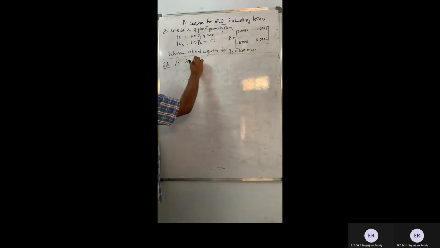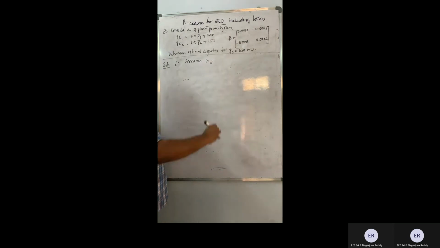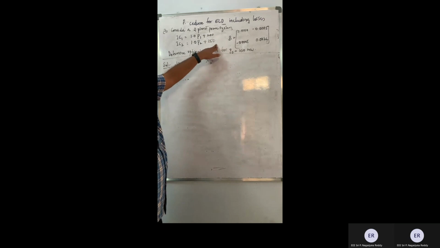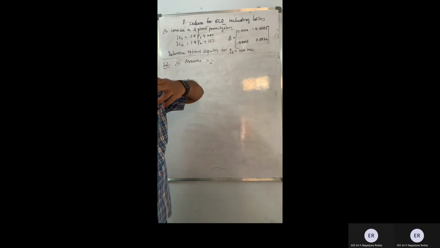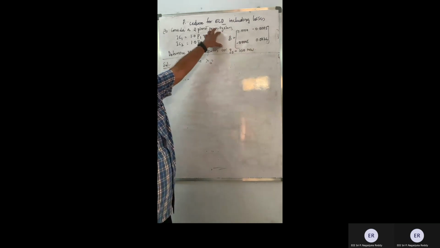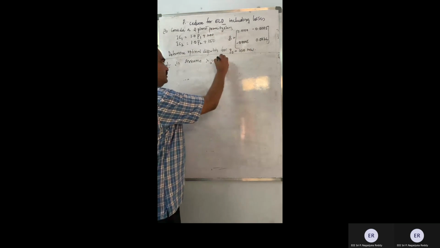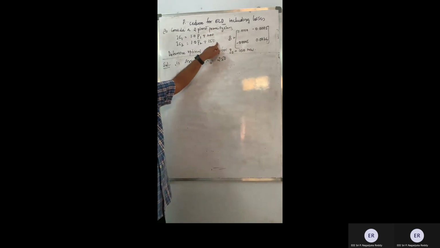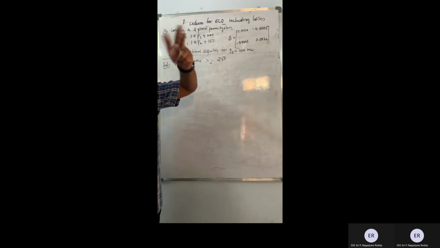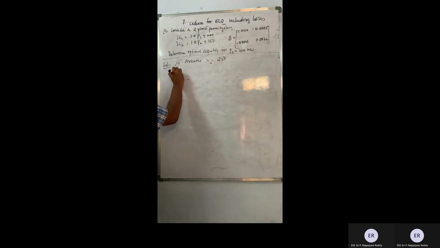Assume or let lambda equal lambda naught, the initial value. So what will I choose? See the B values here, 200 and 150. I must choose a value which is larger than these B's. So I'll go with 250. Because 250, 150 is there, the larger one is 200. I will go beyond that. 250.